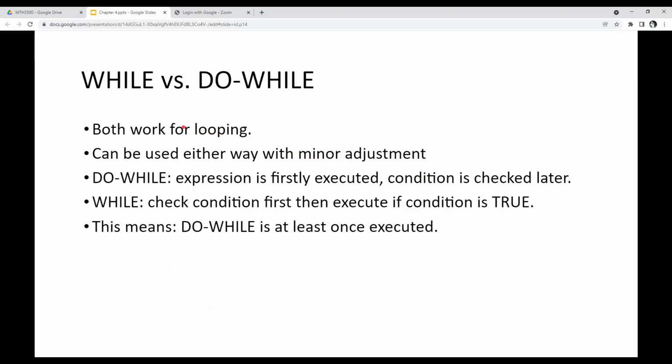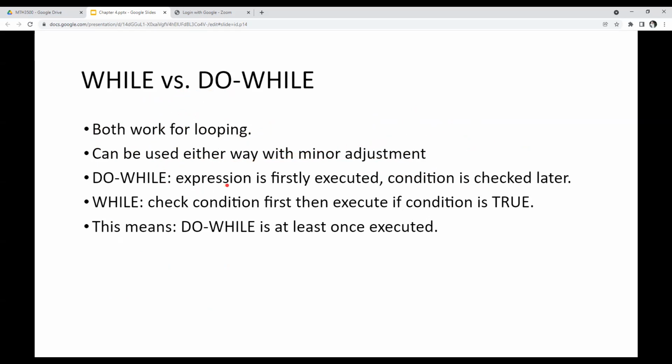All right, so what's the difference between these two? Both work for looping, no problem. You can use either one with minor adjustment, like I told you just now. For example, in while, the while is above, and in do while, the while is at the end, outside the curly braces, and you need to put the semicolon.